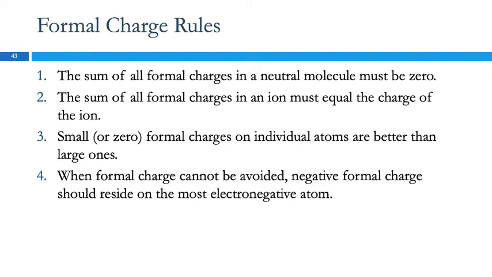That's where the charge comes from. There are neutral molecules also where you can't draw one without having formal charges. So when you do have to have formal charges, you want to put the negative formal charge on the most electronegative atom, because that means that atom is kind of having extra electrons, and the electrons want to go over there because it's more attractive to them. And so that's going to be more stable.